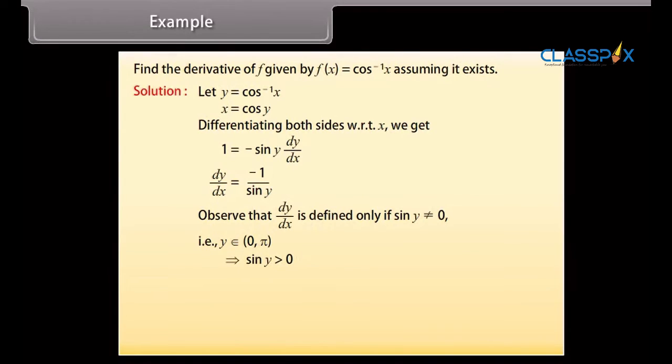It implies sine y greater than 0. It implies sine y is equal to square root of 1 minus cos square y. dy by dx is equal to minus 1 by square root 1 minus cos square y is equal to minus 1 by square root 1 minus x square.